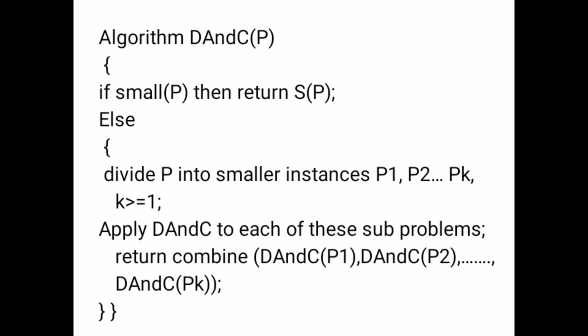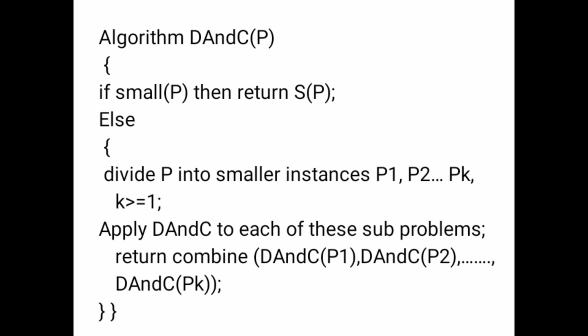Here, if P is small, then return S of P. Otherwise, the problem instance P is divided into a number of instances P1, P2, etc. up to Pk, where k is greater than or equal to 1. These problem instances are solved using divide and conquer recursively, and all the solutions are combined to get the solution to the original problem.